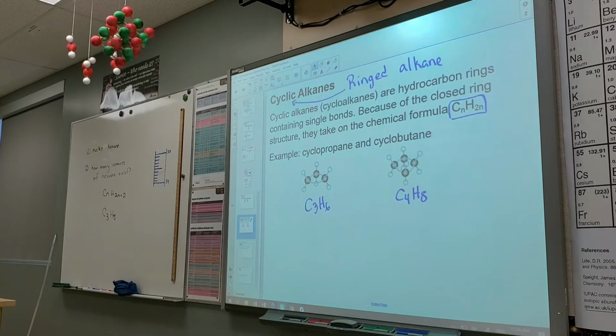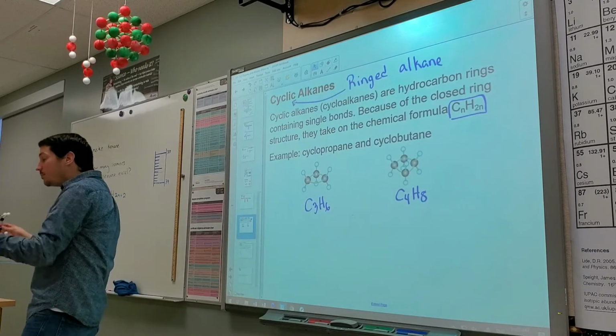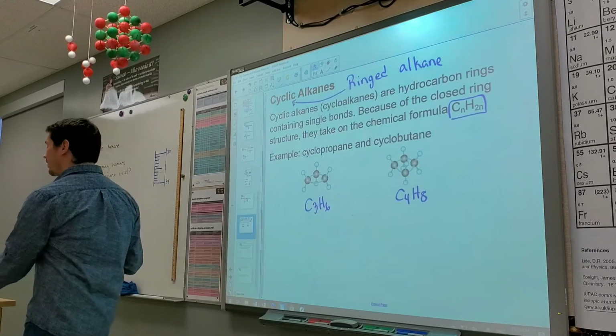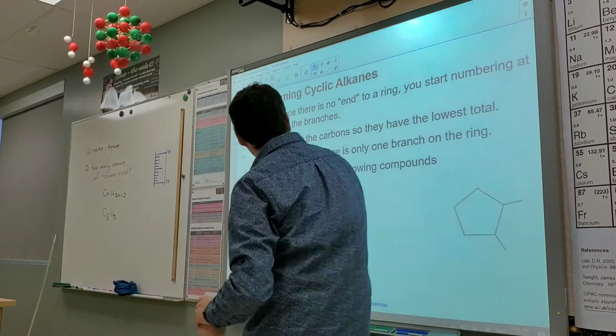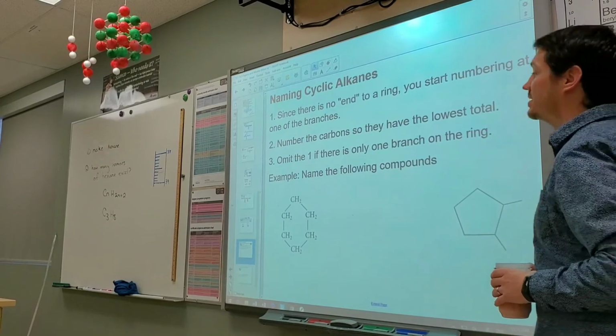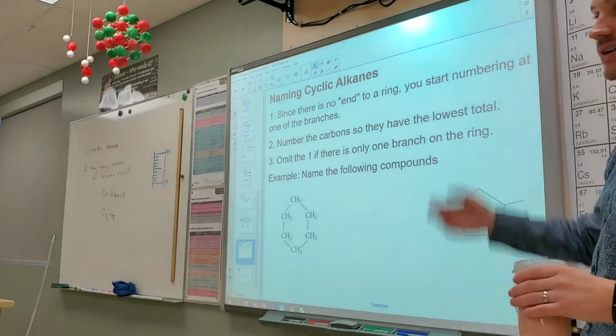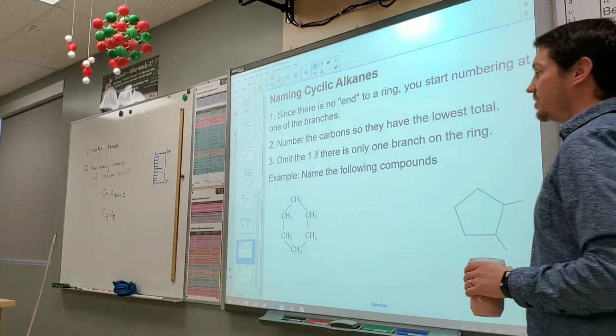Which one are you going to define to be carbon number 1? The one that has it attached, right? So all of a sudden there's a very simple way of naming these cyclic alkanes. Since there's no end to a ring, you're numbering at one of the branches. Just start numbering at one of the branches.